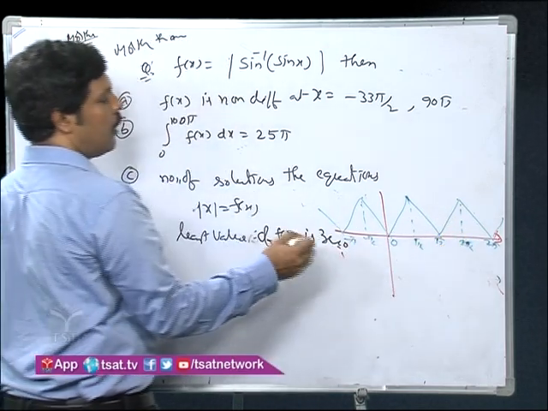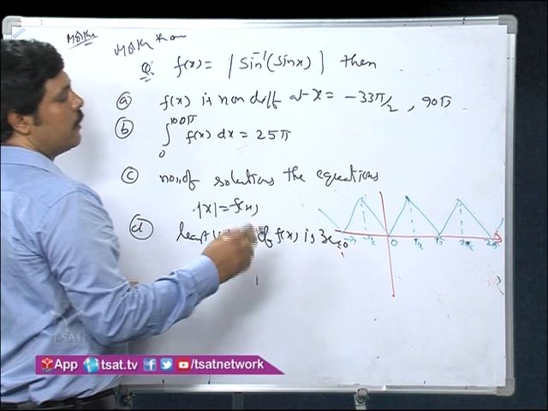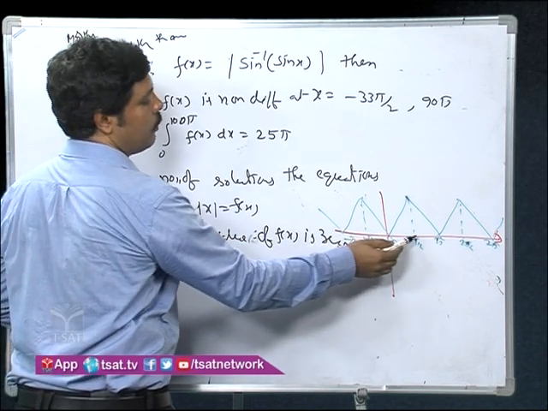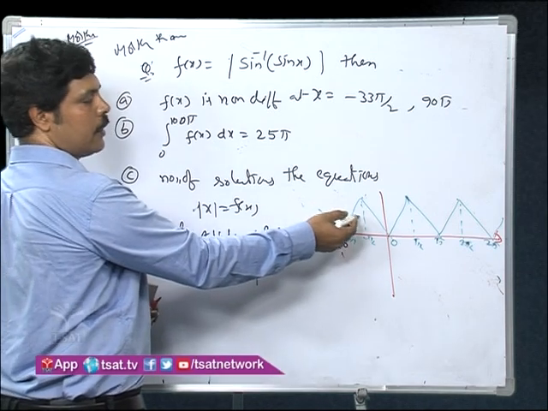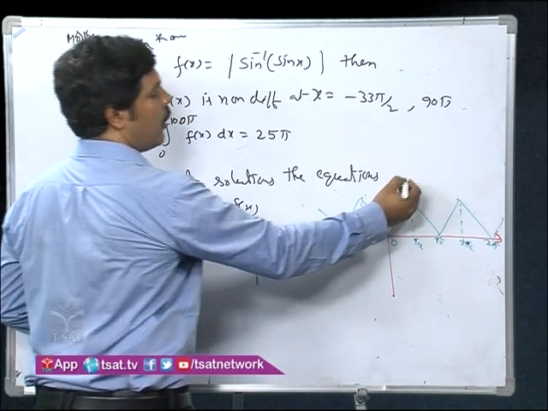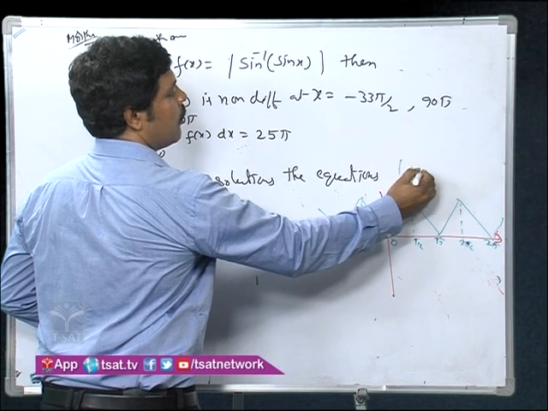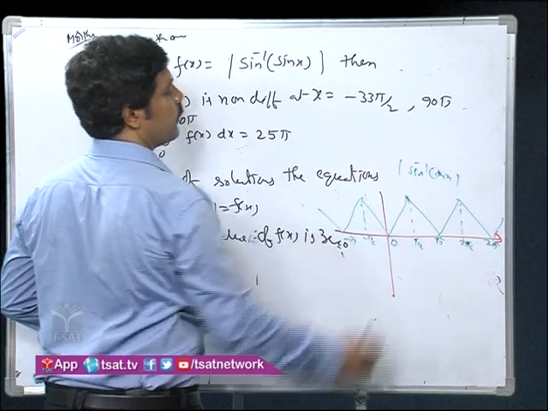Okay, these are all triangles with sharp edges at 0, pi, 2 pi, 3 pi, and so on, at n pi. This is the graph of modulus of sin inverse of sin x.